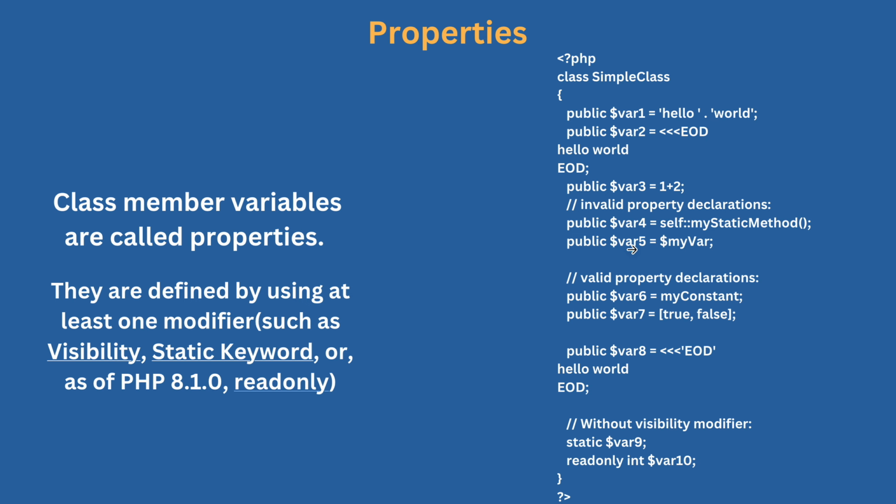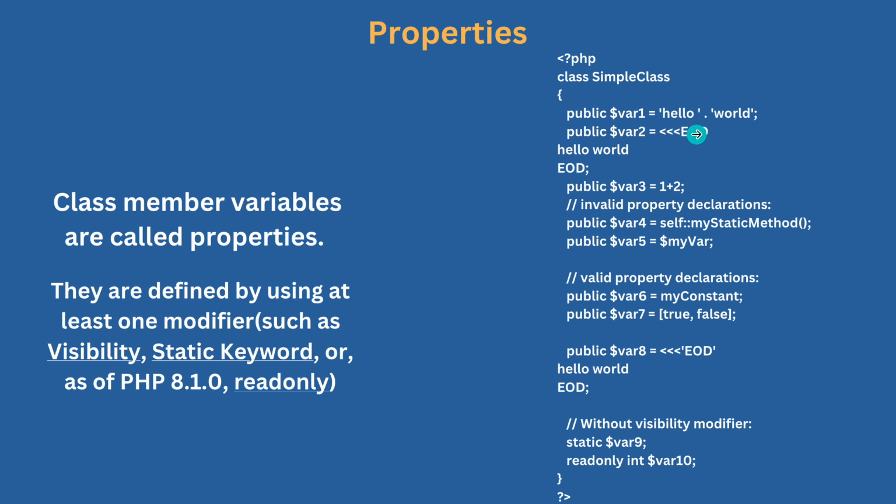These all are properties. This is also a property, this is also a property, but something is there. You see, a property can hold this type of value also.